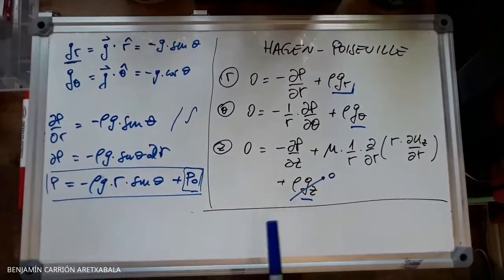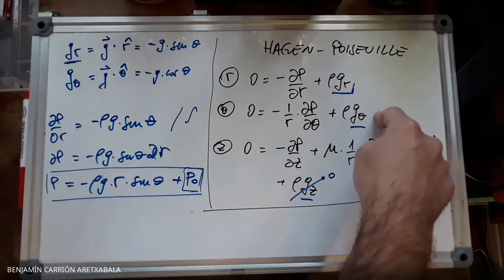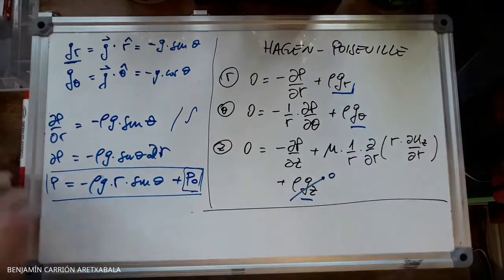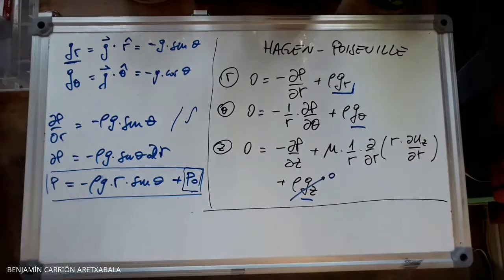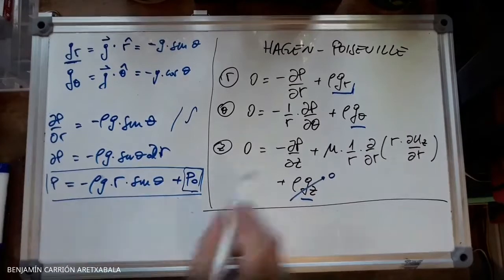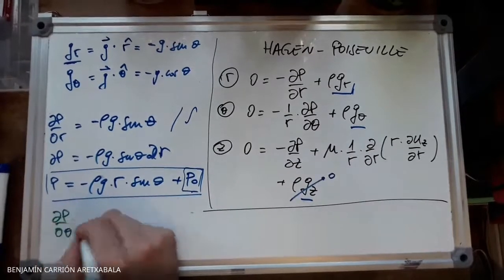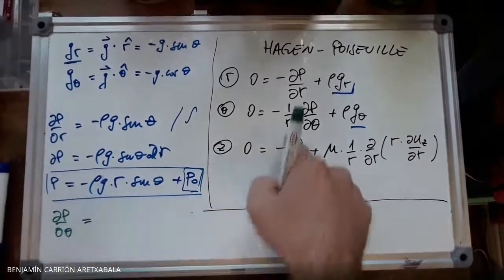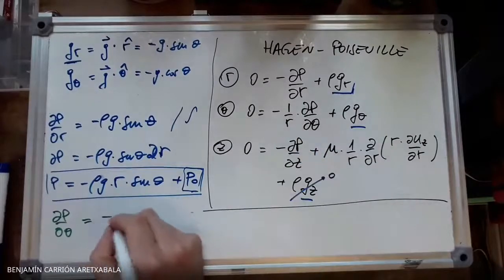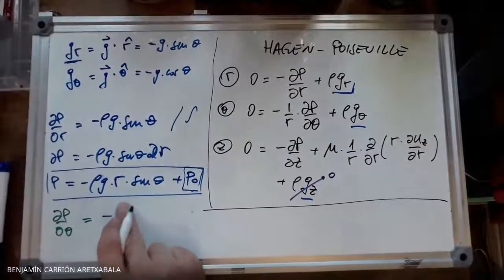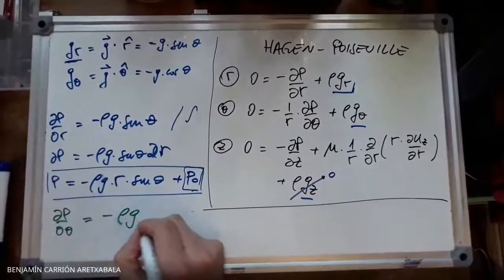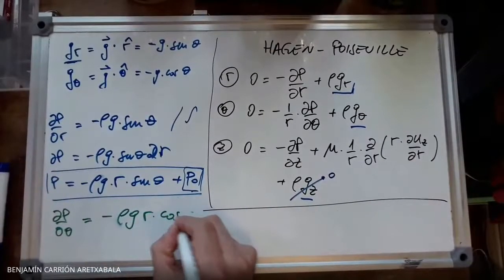Okay, from the other side, if we take the equation on theta, I'm going to write this in another color just to make it look different. If we use this in theta, we're going to have dp over d theta equals, I'm going to move this r to the other side, rho g r cosine theta.